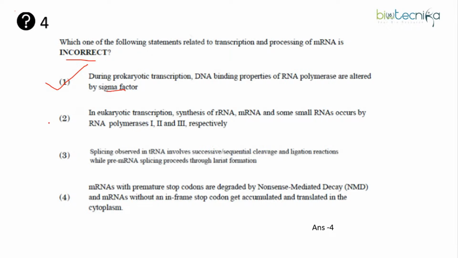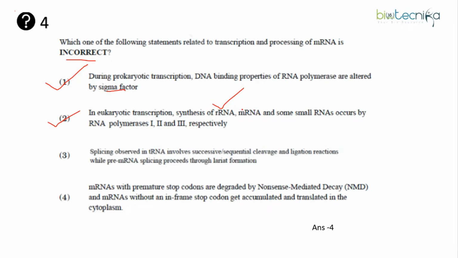Okay? Next statement. In eukaryotic transcription, synthesis of rRNA, mRNA, and some small RNAs occurs by Pol 1, 2, and 3, which is correct. Pol 1 is for the synthesis of the rRNAs, except for your 5S rRNA, which is synthesized by Pol 3.